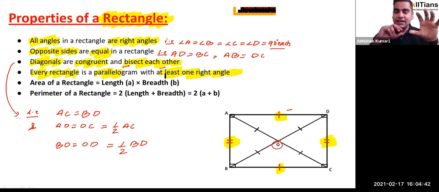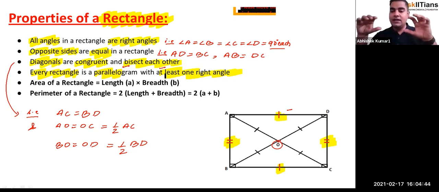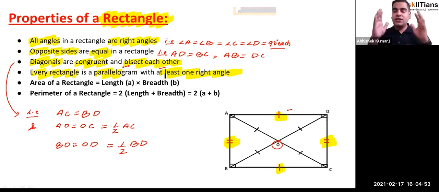So if A is 90-degree, B will also be 90-degree, because A plus B is going to give you 180. And if B is 90-degree, D will be 90-degree. So eventually all the angles are going to become 90-degree. So it's a special type of parallelogram in which, broadly speaking, all the angles must be 90-degree.